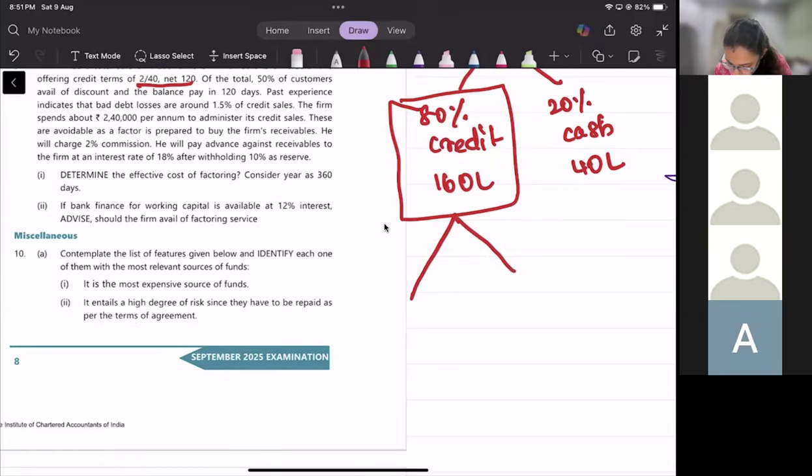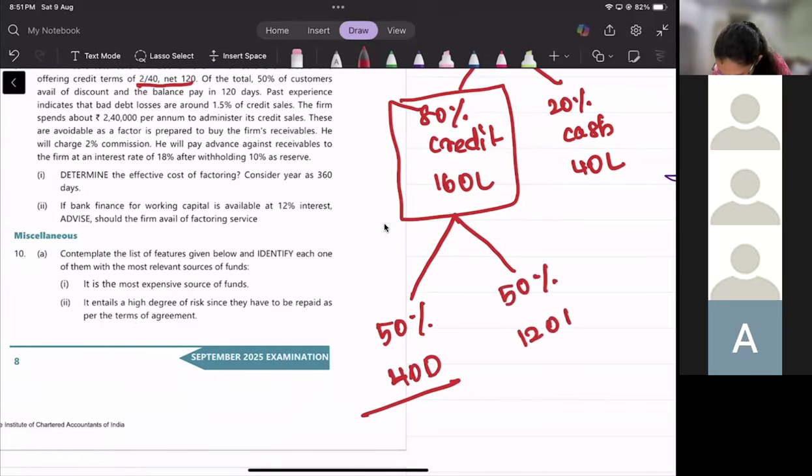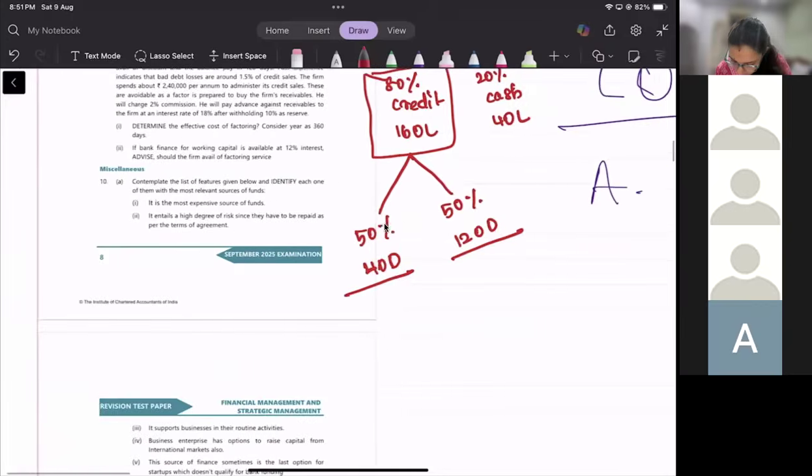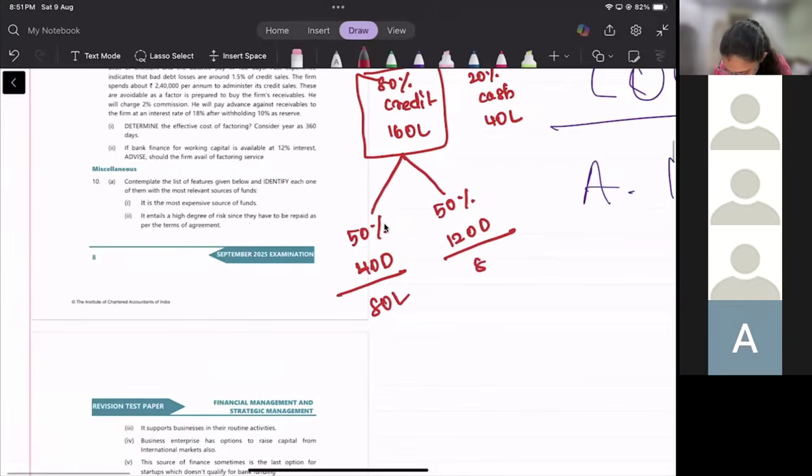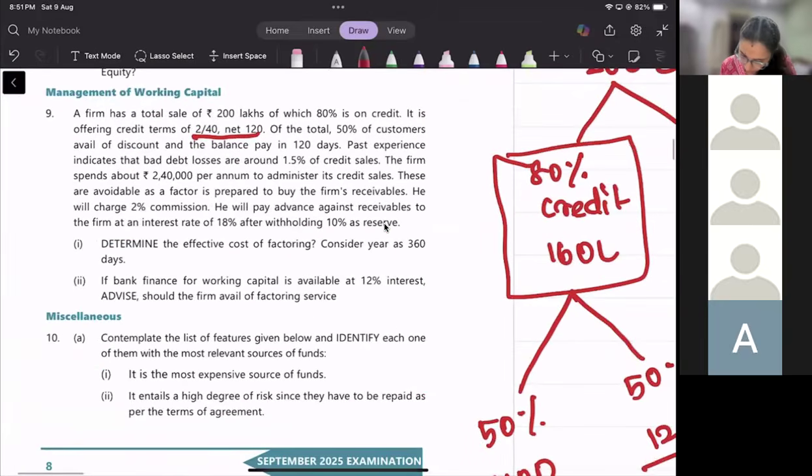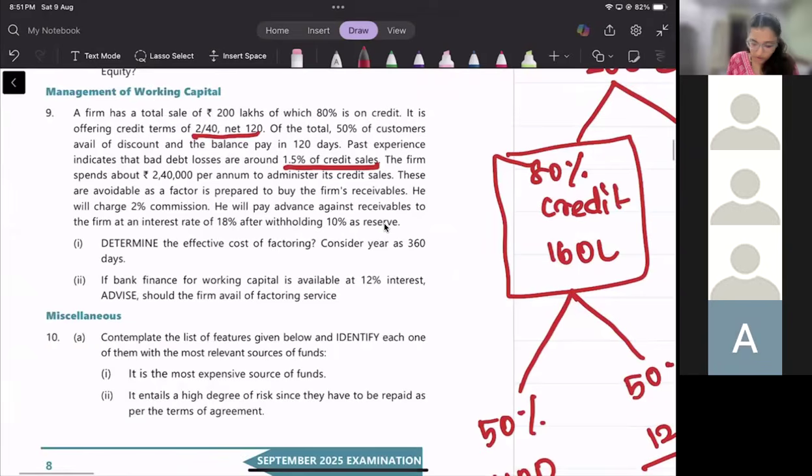So out of this 160 lakh, 50% people have paid us within 40 days, and 50% of people have paid us within 120 days. 80 lakh, 80 lakh.